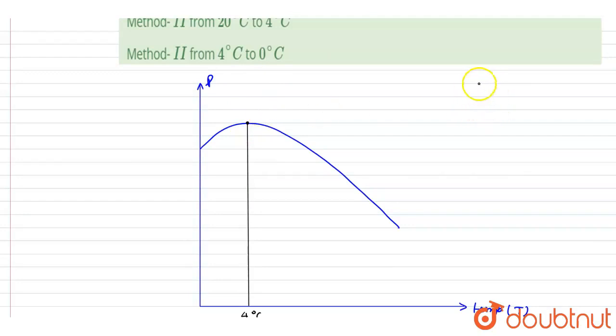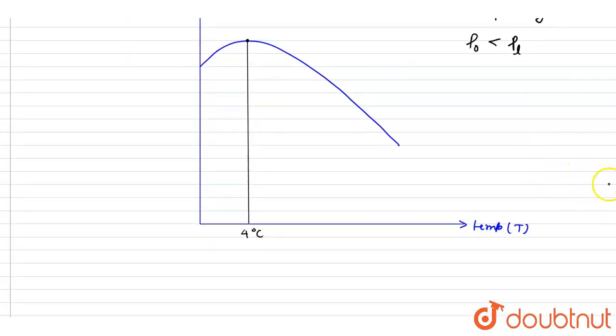We know that for floating, what is the necessary condition? The rho of the object should be less than rho of the liquid. But if you see at 4 degrees Celsius, the rho of this water will be more, and this water will try to go in the downward direction.